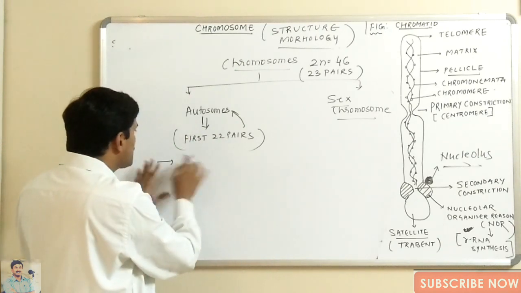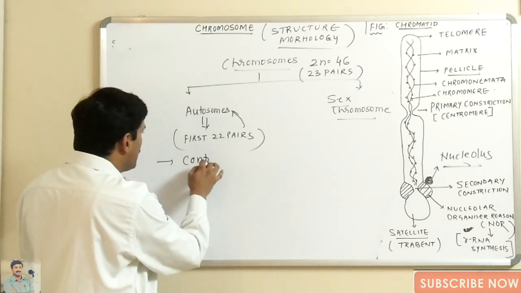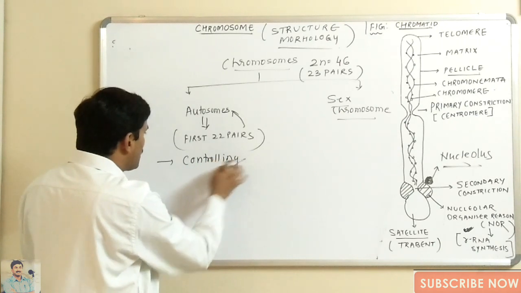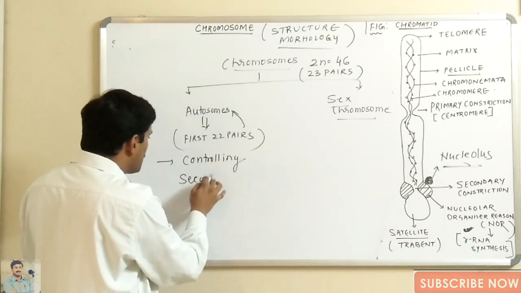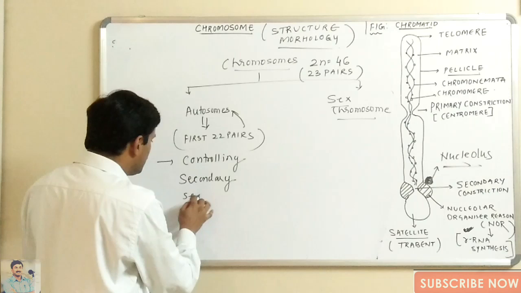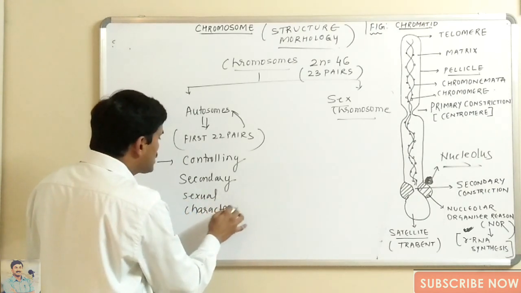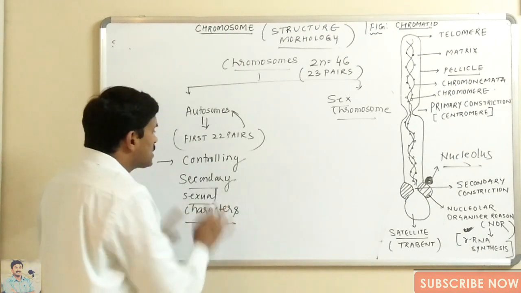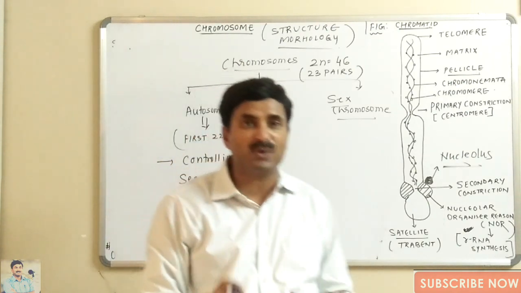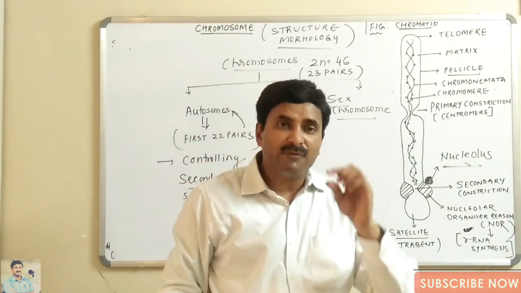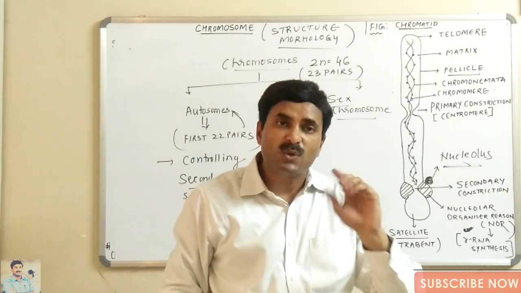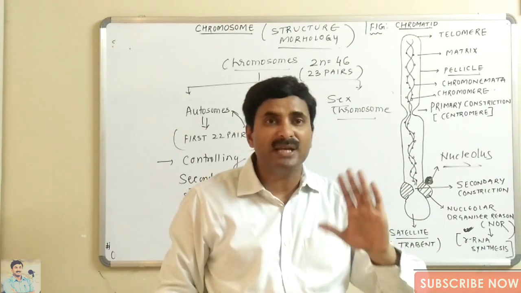These autosomes control the secondary sexual characters. They are not related to sex determination. They are only associated with the development of the secondary sexual characteristics. And remember that whether it is a male or a female, these autosomes are the same in both.